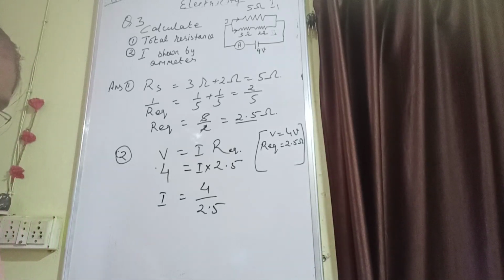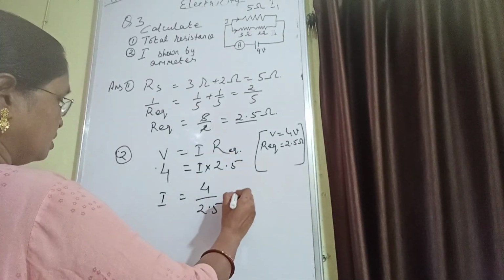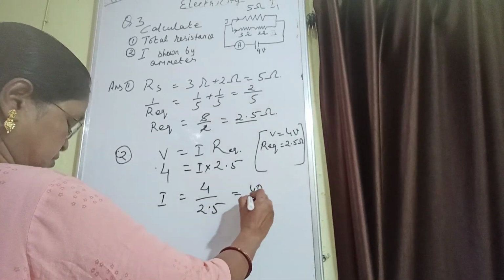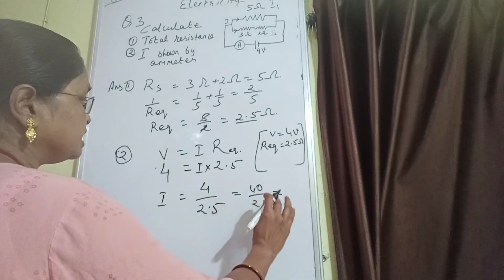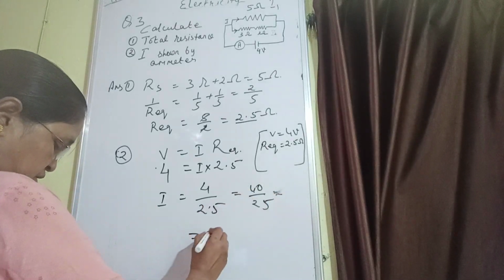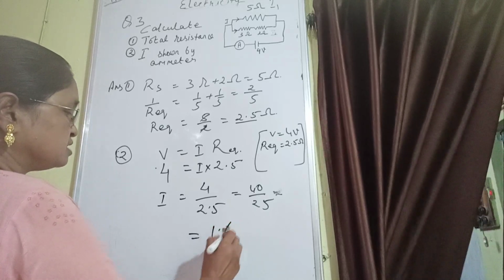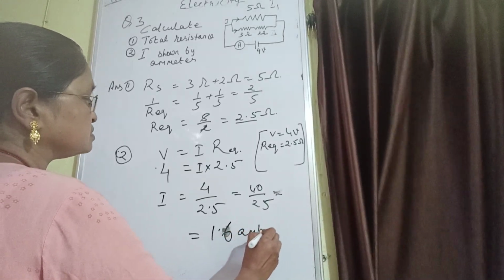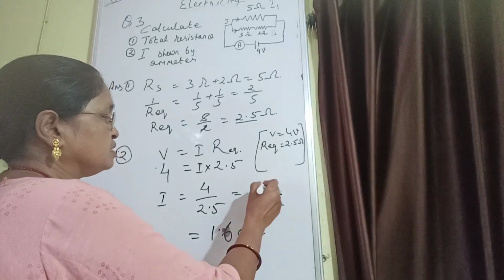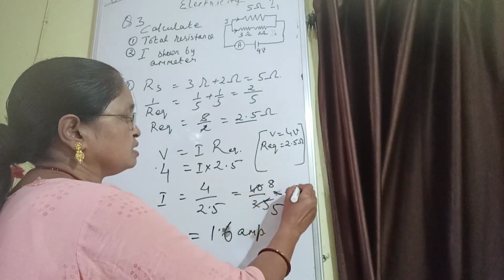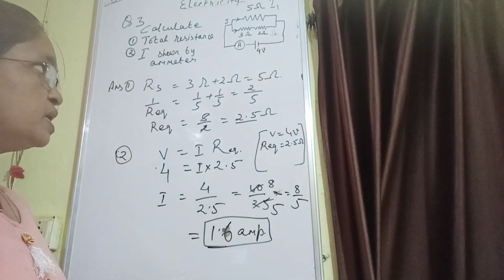That is 4 by 2.5, 40 by 25, and solve this one, you will get 1.6 ampere. So the answer is 1.6 ampere.